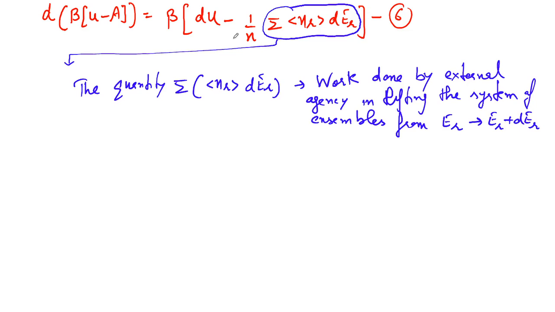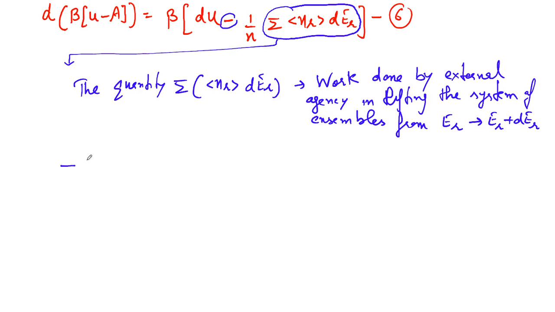And if we put a negative sign in front of this, the negative of this is the work done on the external agency. If this is the positive sign, what does it mean? From the first law of thermodynamics, it is work done by the agency on this system, and since here it is a negative sign, this negative sign represents the work done on the external agency by this system.